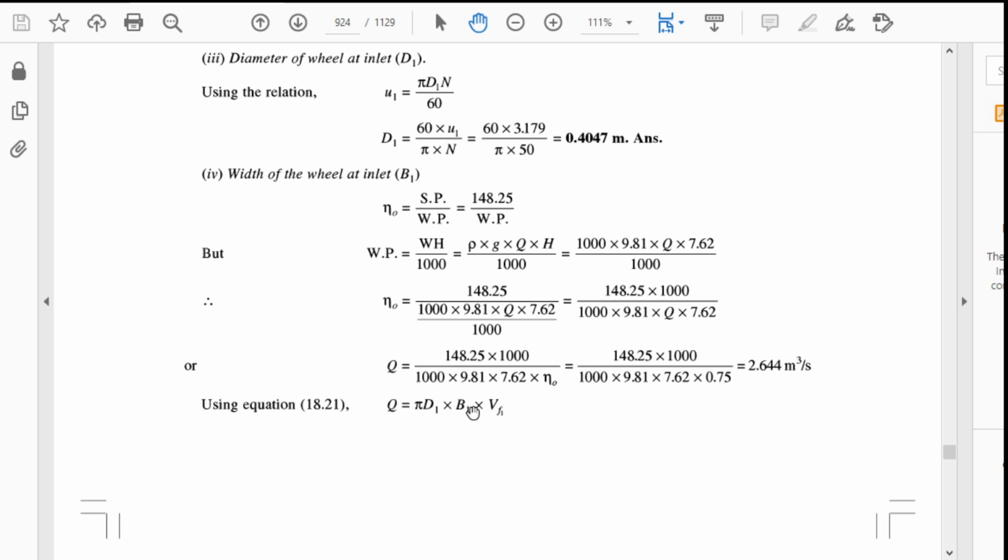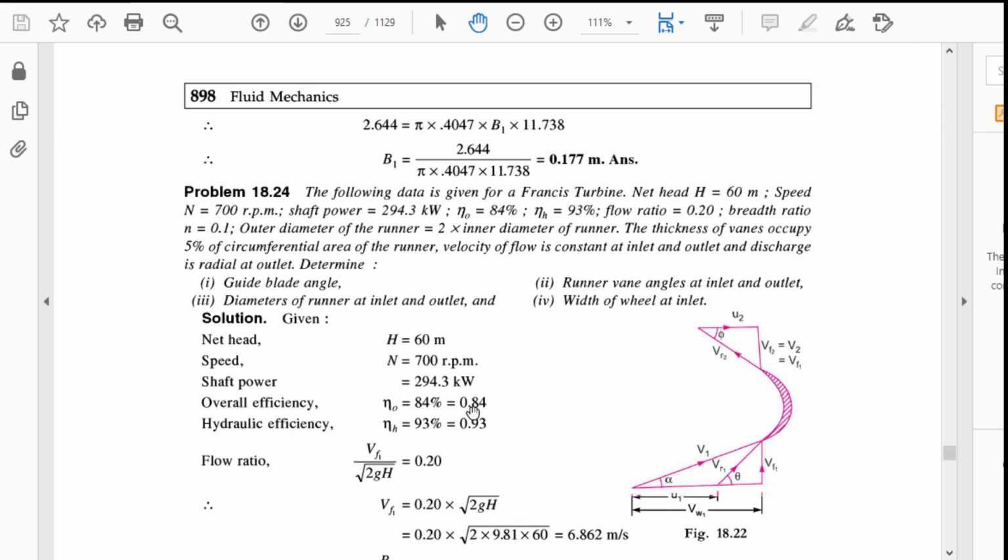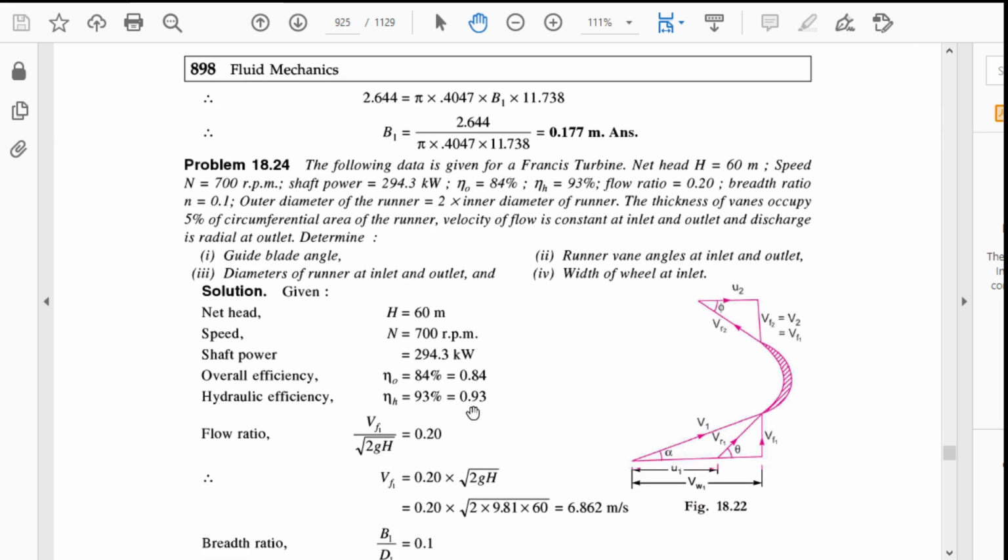So substitute the values of known quantities here. You will get the width at inlet as 0.177 meters.